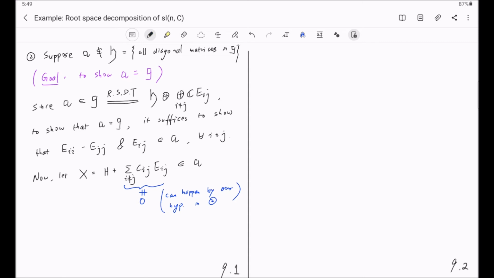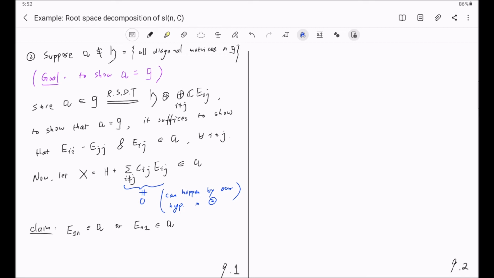Now we are going to make the following claim. Claim: E sub 1n is in the ideal A, or E sub n1 is in A. Of course, those two things could happen simultaneously. We're just claiming that at least one of those two things will happen.